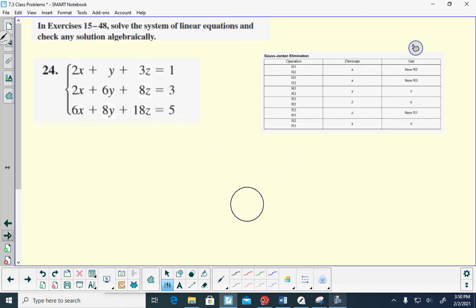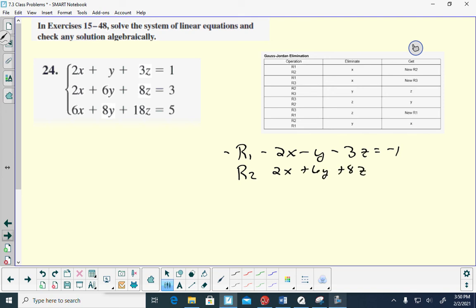Minus row 1, so this will be negative 2x minus y minus 3z is equal to negative 1. I'm going to add row 2, which is 2x plus 6y plus 8z is equal to 3. When I add these, the x is equal to 0, so this will be 5y plus 5z is equal to a positive 2.